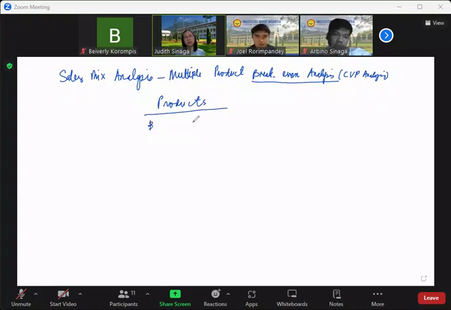Kita bikin produk B, produk E, produk L. Kita tulis di sini selling price per unit is 20, ada 30 dan 25.